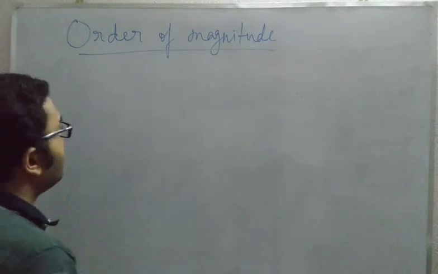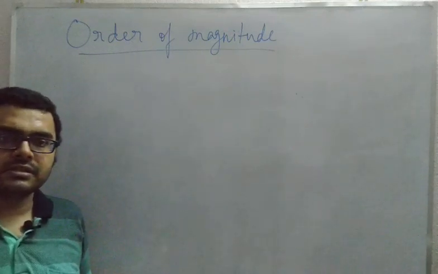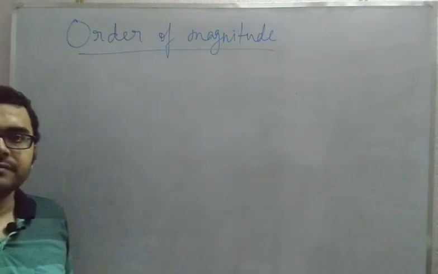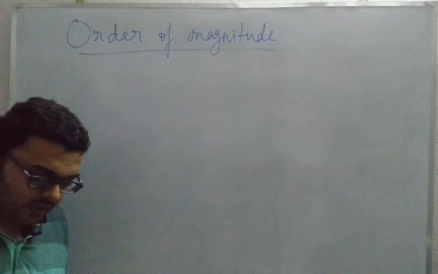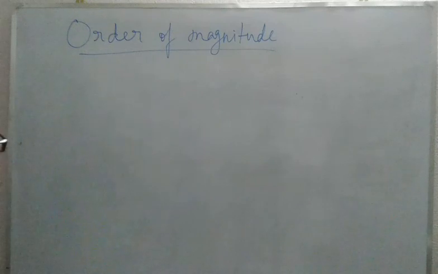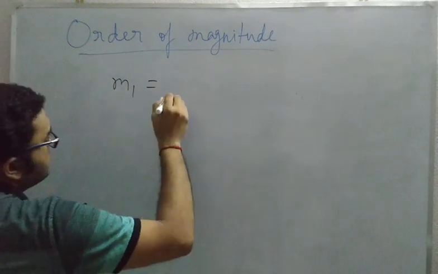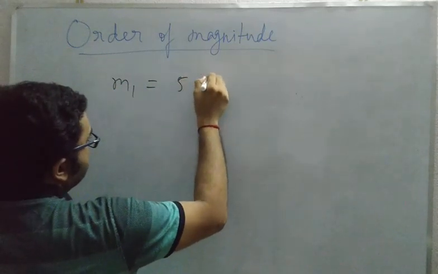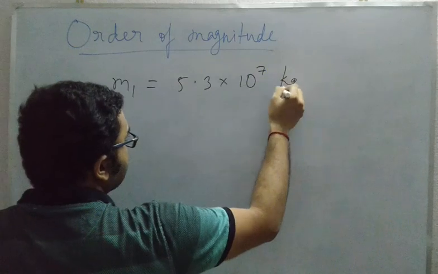See, when you need to compare two physical quantities, say we want to compare the masses of two objects. Okay, so I take an example. The mass of one object is, say, 5.3 into 10 to the power 7 kg.